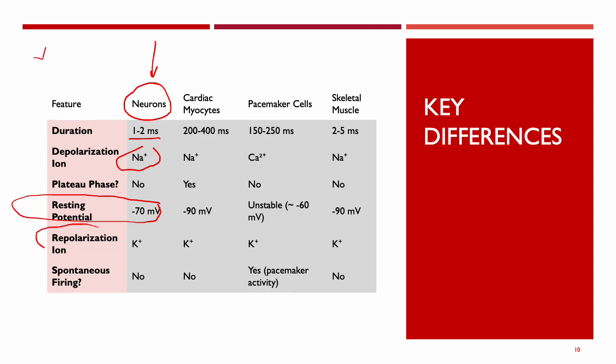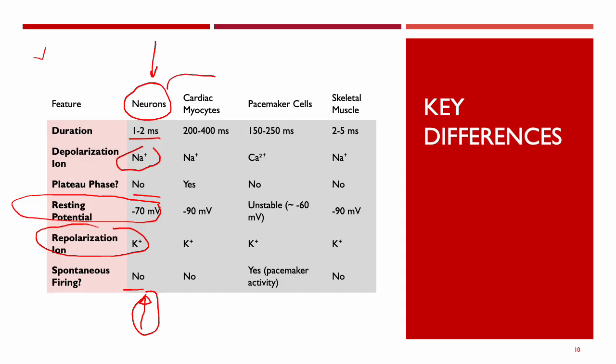The repolarization is primarily connected to potassium efflux, so potassium leaving the cell. Does it have spontaneous firing? No. Does it have a plateau phase? No. And its fast conduction, as we just mentioned, is due to myelination. Right? The myelin sheath, for example, and the nodes of Ranvier, etc.